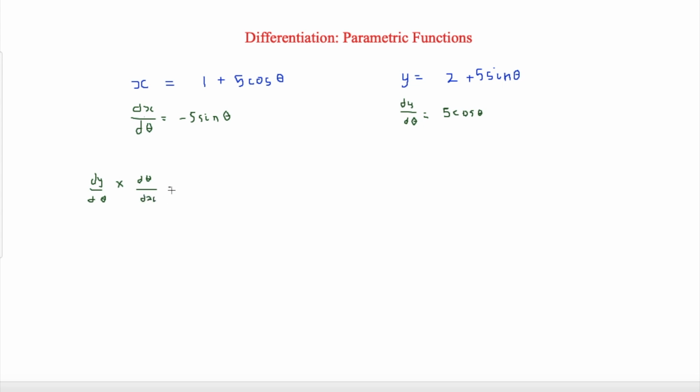That is the same as minus 1 over 5 sine theta times by 5 cos theta, and that is going to be equal to minus 5 cos theta over 5 sine theta.